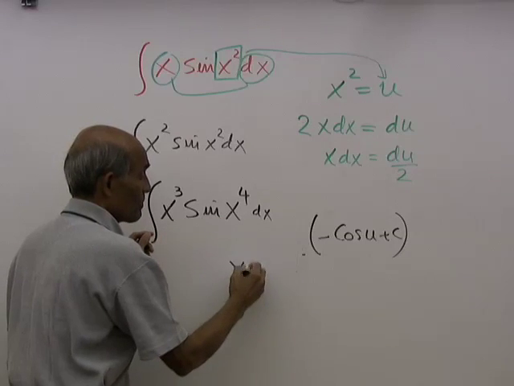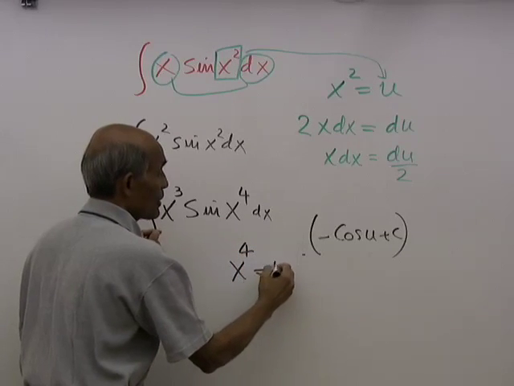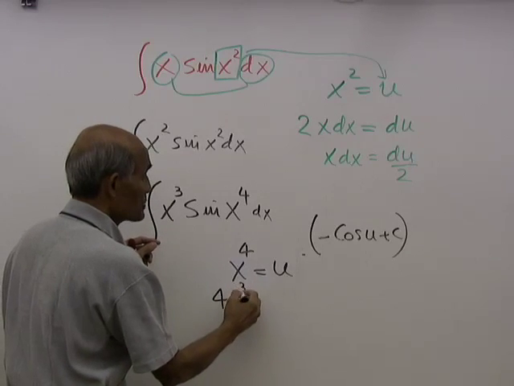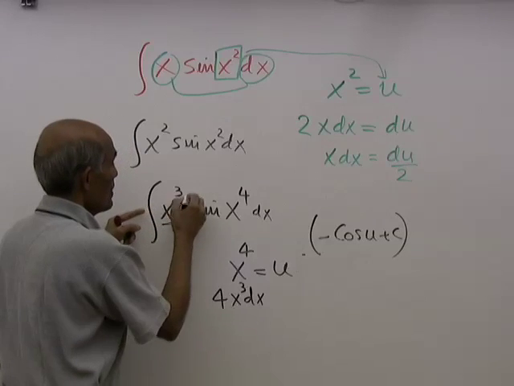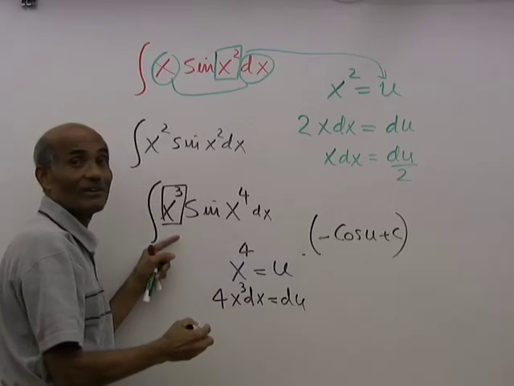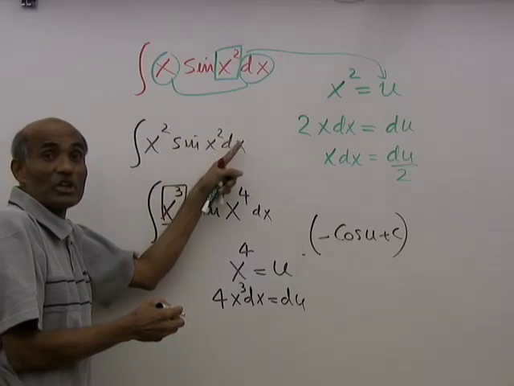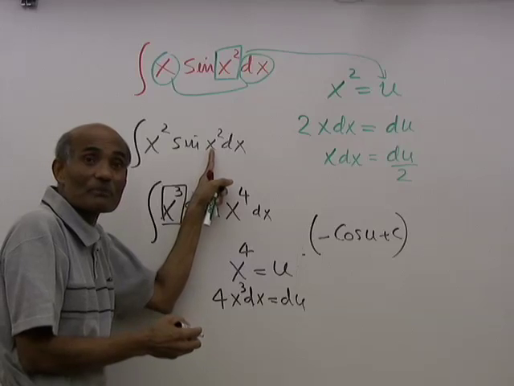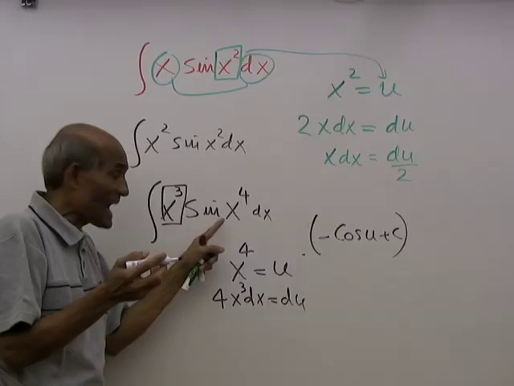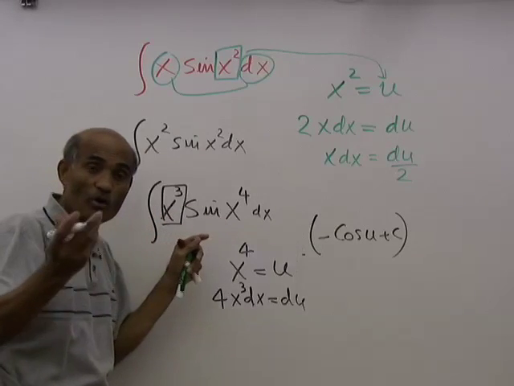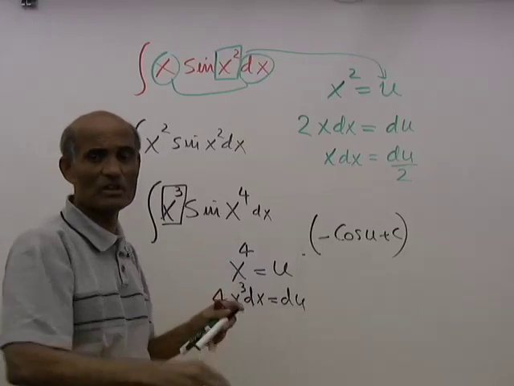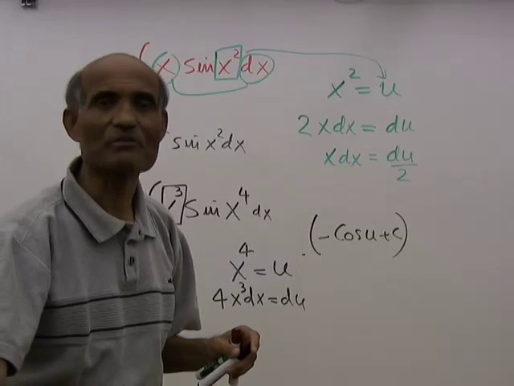Because when we replace our x to the power of 4 equal to u, the differential of this will yield x cubed dx. So x cubed dx can be replaced. Whereas x squared dx cannot be replaced from this substitution. So when you look at an integral, you can judge, can it be integrated, or is it a form that you cannot integrate? Okay, so you must understand these basic principles that we've been using.